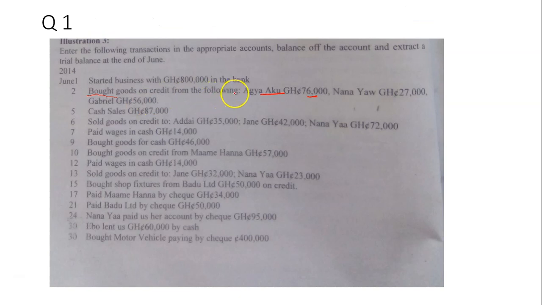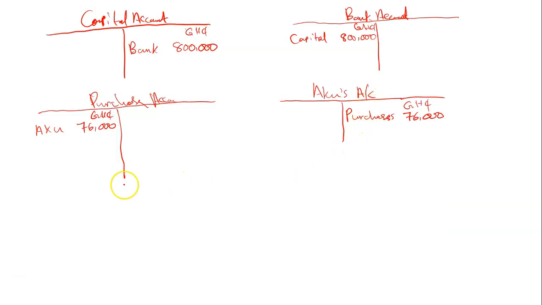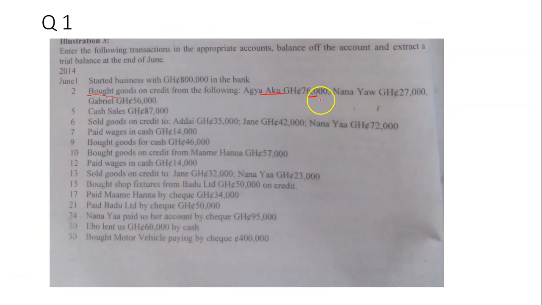Bought goods on credit from Nana Yao. So we are going to have the purchases account and Nana Yao's account. But we already have a purchases account, so you don't create it twice. You maintain that particular one. The only account we add is Nana Yao's account, who is also a creditor. So we create Nana Yao's account. They said we purchase goods on credit from Nana Yao, 27,000.